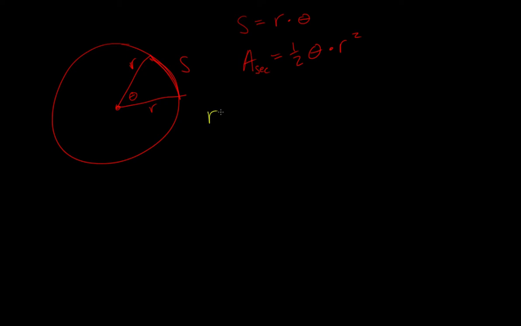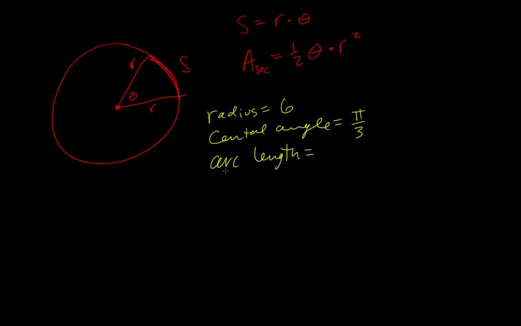So if my radius is given as 6 and my central angle is given as pi thirds, what is my arc length and what is my area of sector?